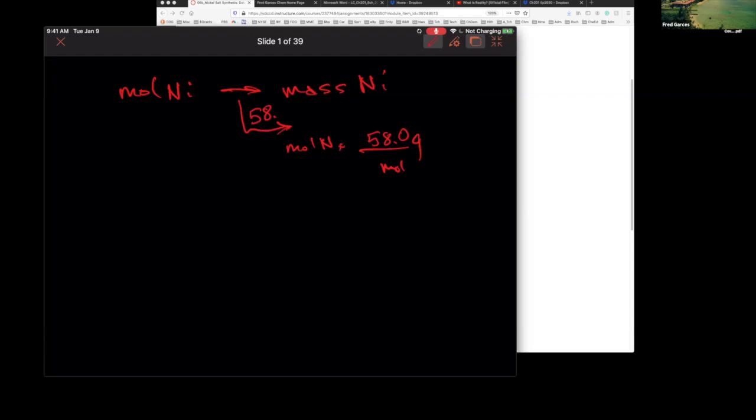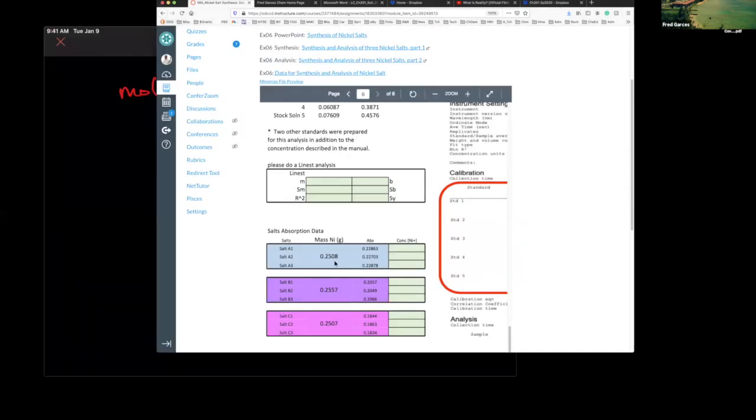Then we have the grams of the nickel in the original sample, and the original sample was 0.2508 grams. So this is the grams of nickel in 0.2508 grams of sample. Now, why is that important? Because now, let me show you that again, I forgot.